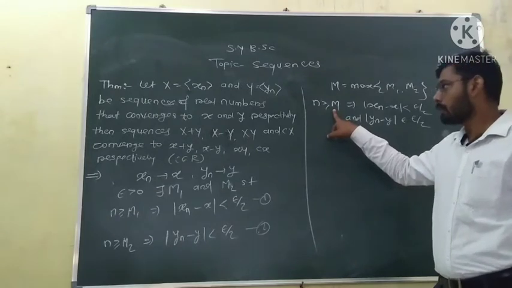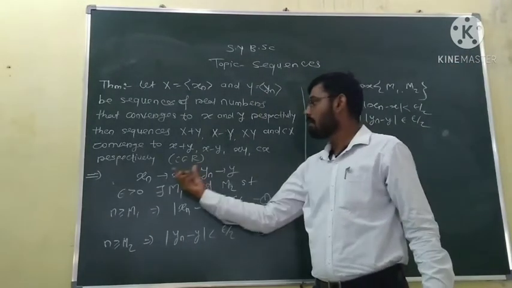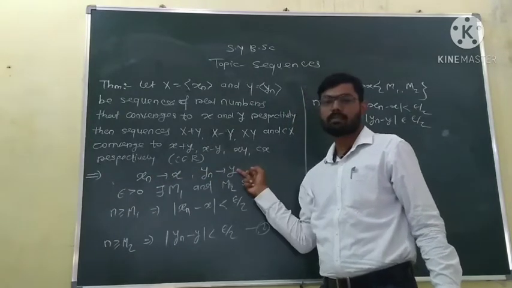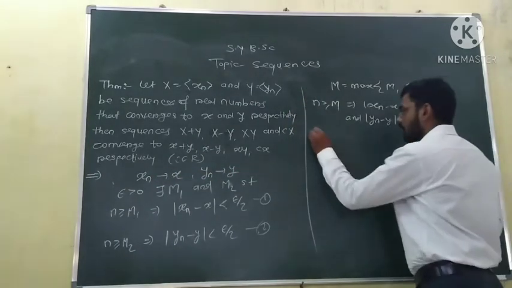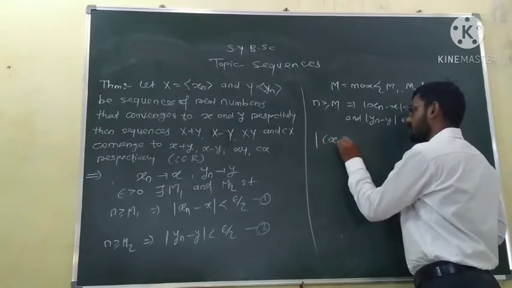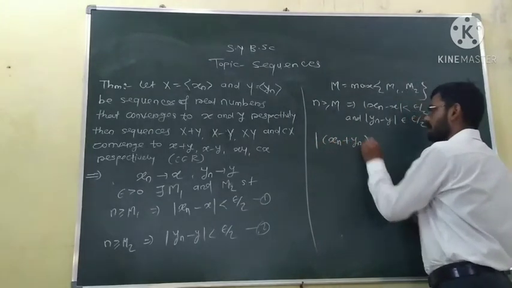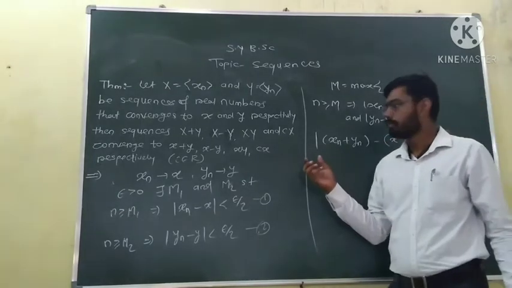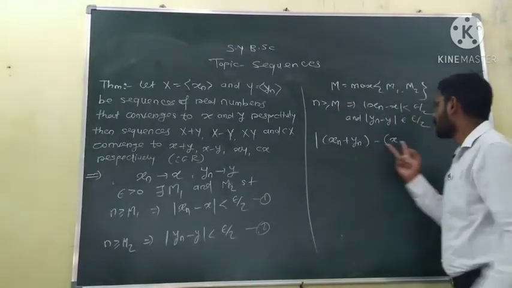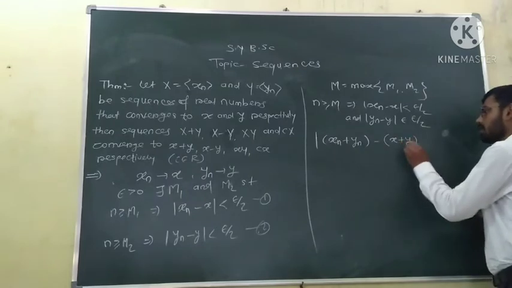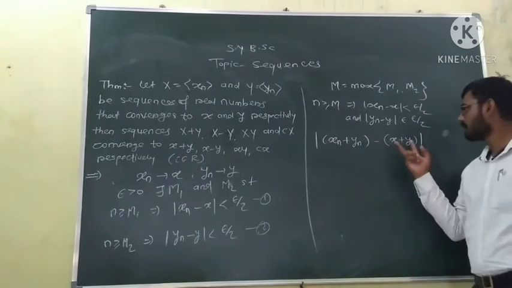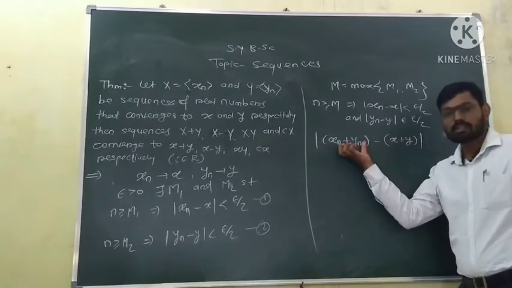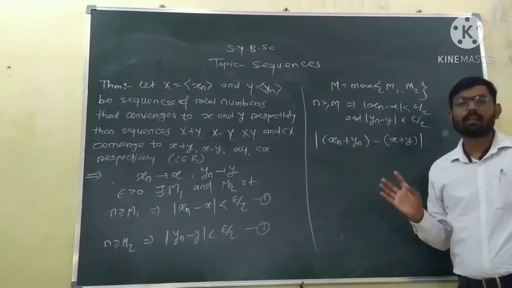Now we have to prove that the sum of these two sequences xn plus yn converges to x plus y. So we will take mod of the sum of two sequences xn plus yn minus x plus y. We have to prove the sequence xn plus yn converges to the sum of their limits, so we have to prove the difference between the sequence and limit is less than epsilon.